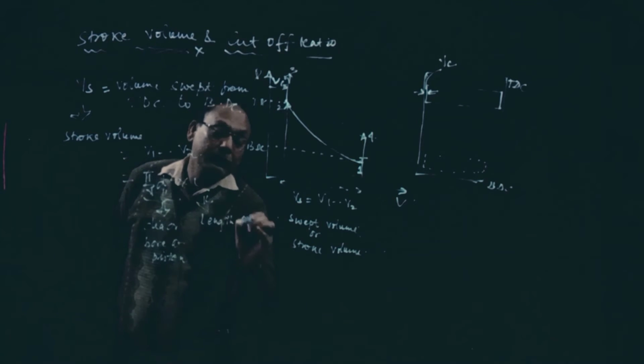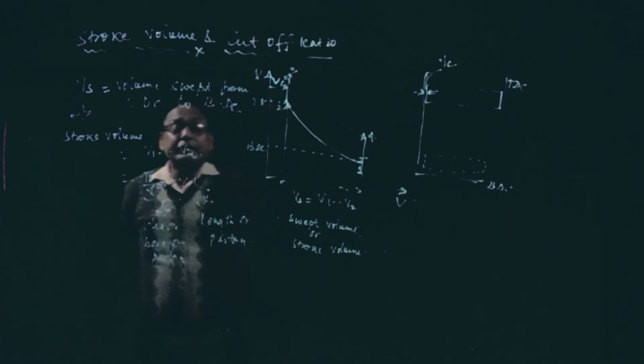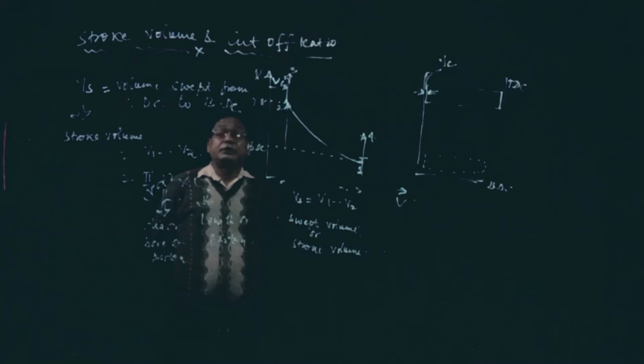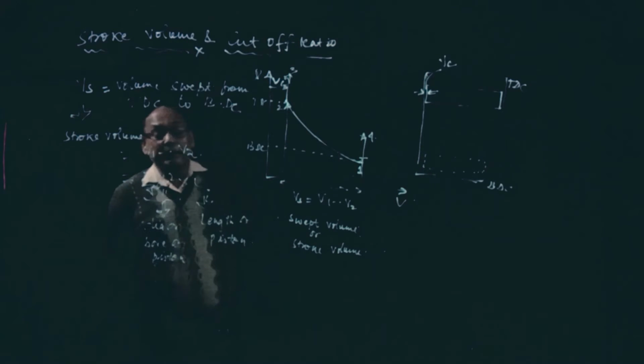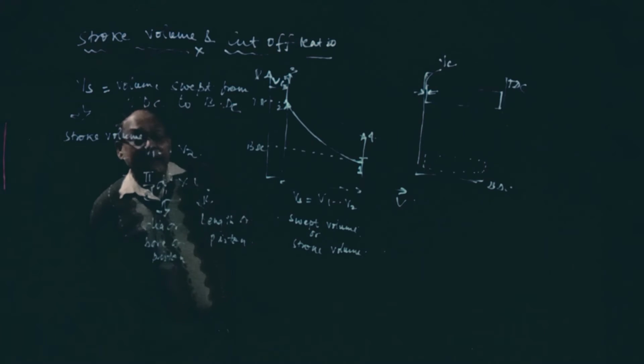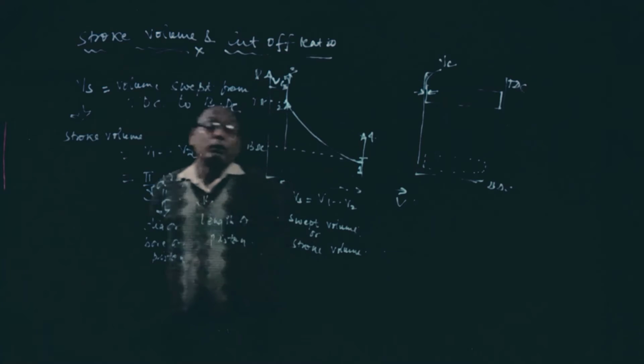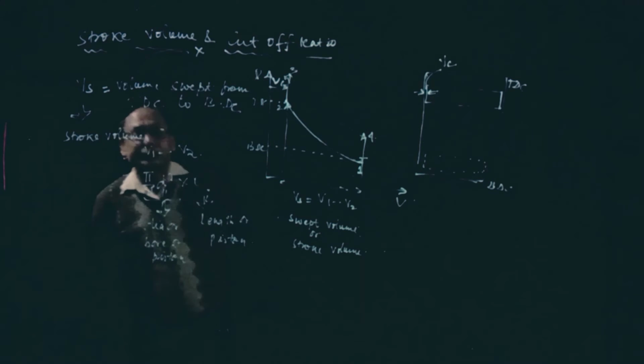So either we can find stroke volume by V1 minus V2, or if the bore of the piston is given, then pi by 4 into d square into L will be equal to the stroke volume.